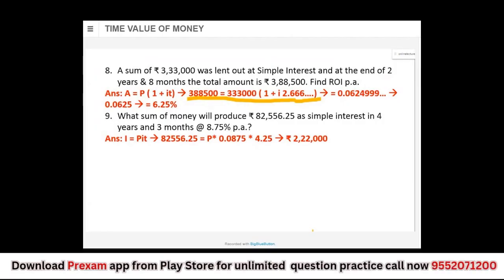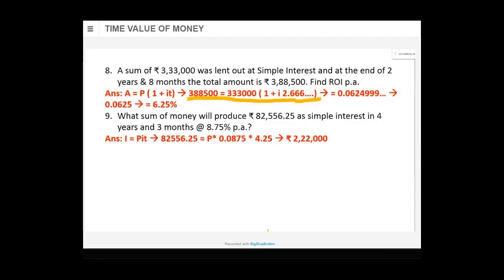So on a calculator, I'll do 82,556.25 divided by 0.0875, again divided by 4.25. Answer 2,22,000.